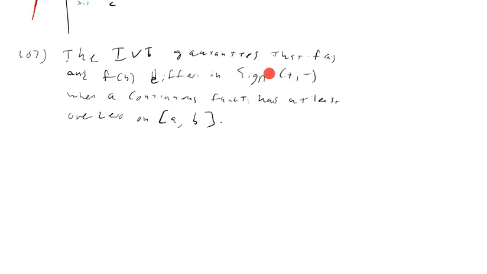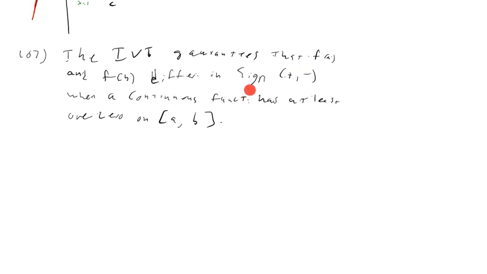If they differ, it guarantees that they will change sign if I know that there is a zero, if the continuous function has at least one zero on a to b. And we just talked about what zeros are, right, of the graph. So is it true that we are guaranteed to have a sign change of our function from a to b, f of a and f of b?